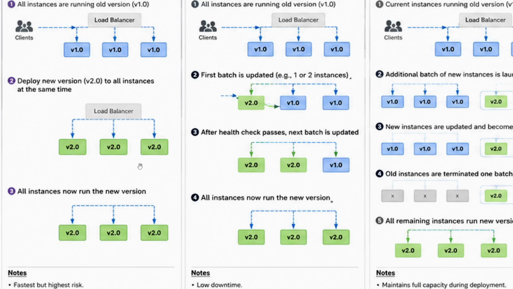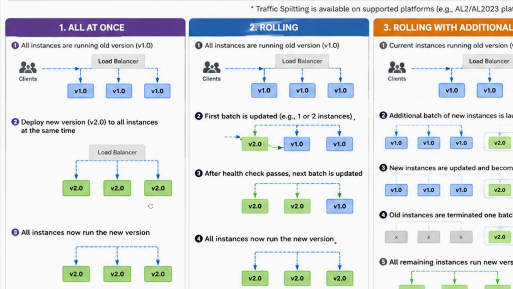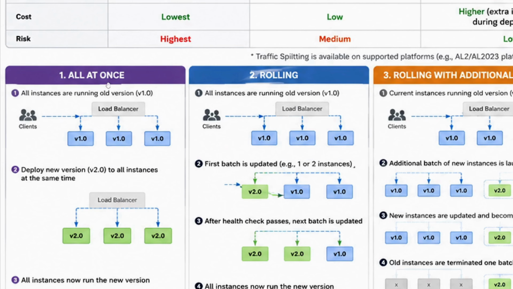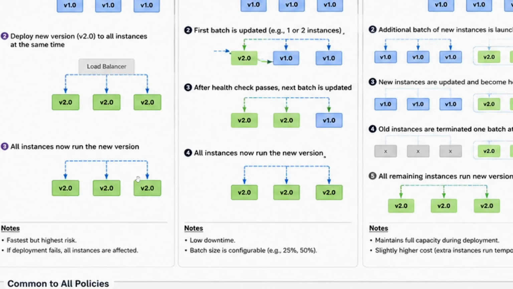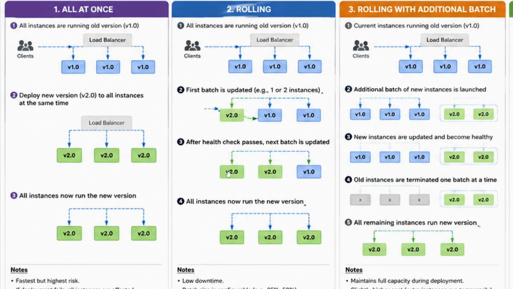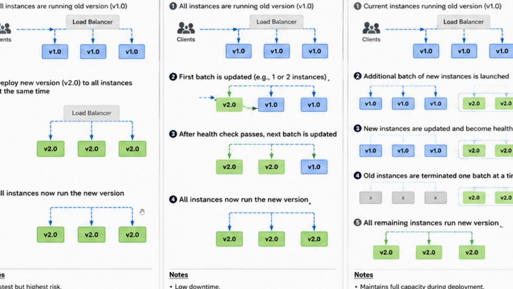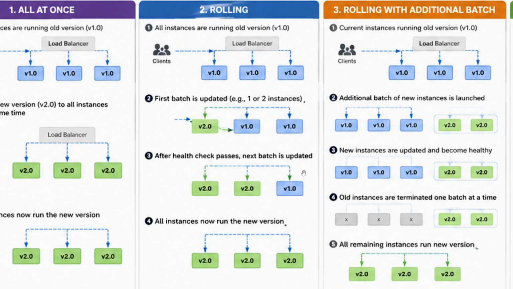That is what is called all at once. It is very fast, no doubt, but very high risk. If deployment fails, everything is affected and there will be downtime because we have to roll back to the correct version and it will take some time.